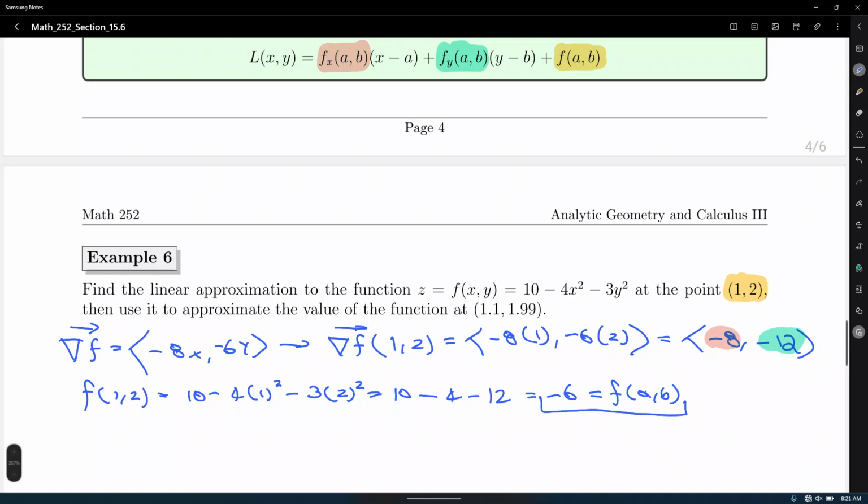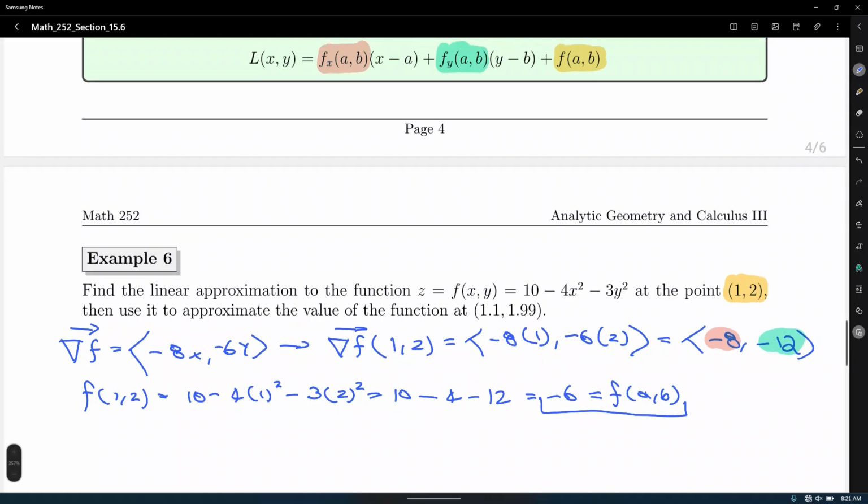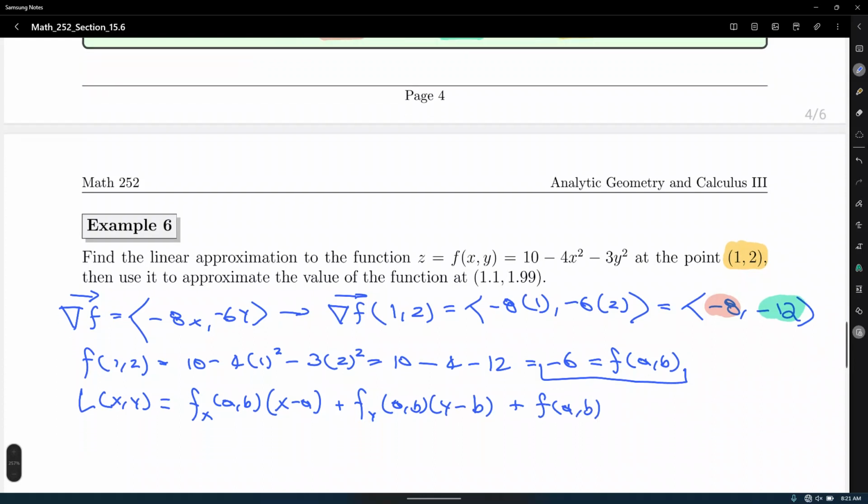Looks like we have everything we need to write our linear approximation. So again, our linear approximation L of x, y, approximating this to a plane, is f sub x at a, b times x minus a. So I'm just rewriting the formula for now. Plus f sub y at a, b times y minus b, plus the function value. The function value is given by what we just got. The next step is just substituting.